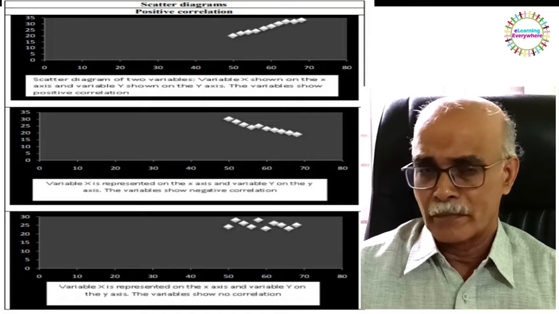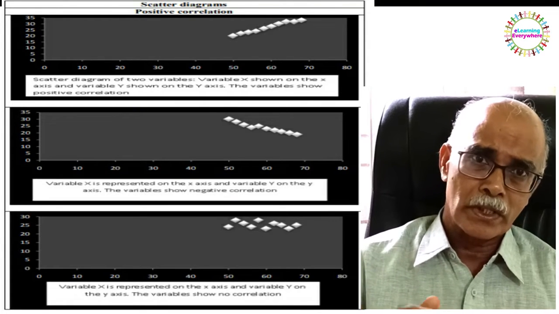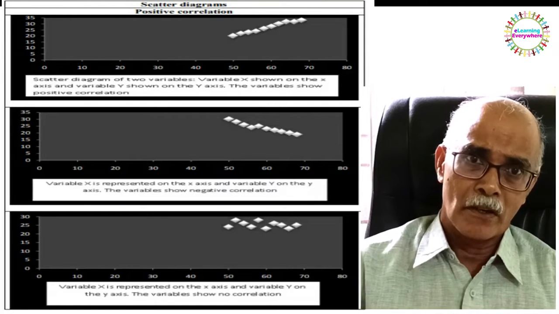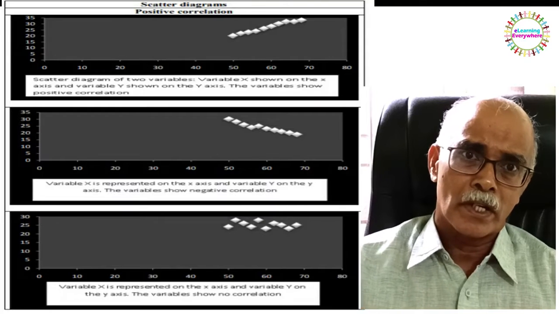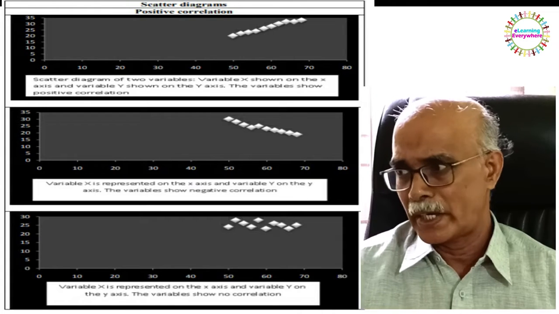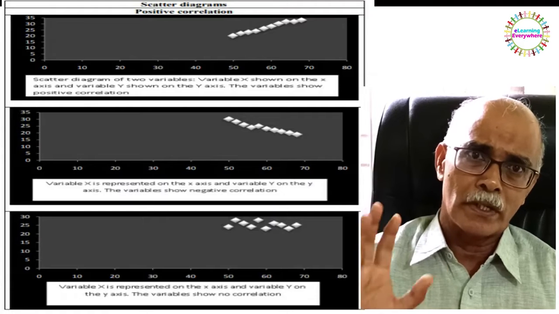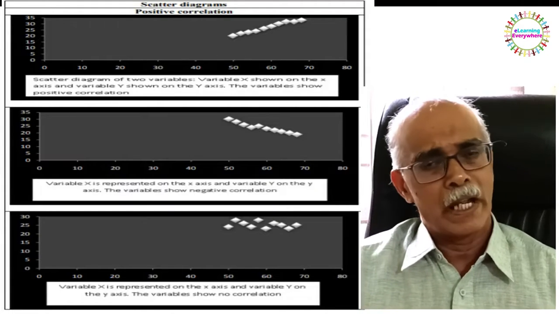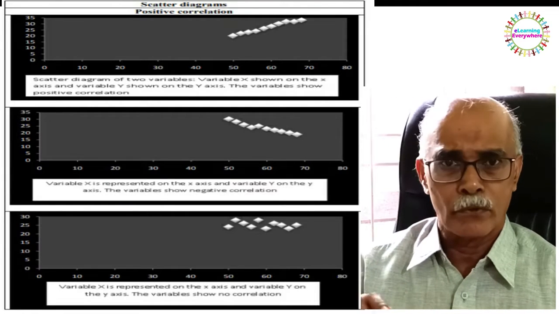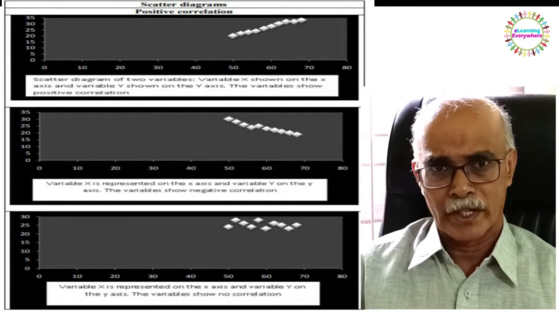In the case of perfect positive correlation, you will get a straight line starting from one corner of the diagram and moving to the other corner. When there is imperfect positive correlation, there will be certain fluctuations shown by the line, but it starts from the bottom left side and moves to the upper right side of the graph.